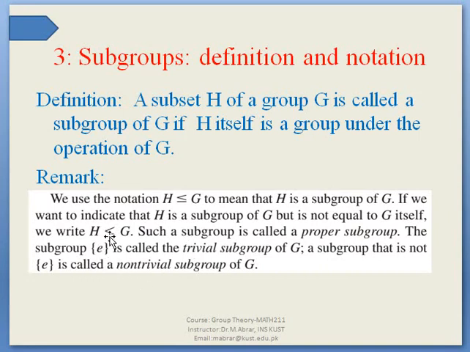The subgroup consisting of only the identity element is called the trivial subgroup, and a subgroup that is different from this is called a non-trivial subgroup.